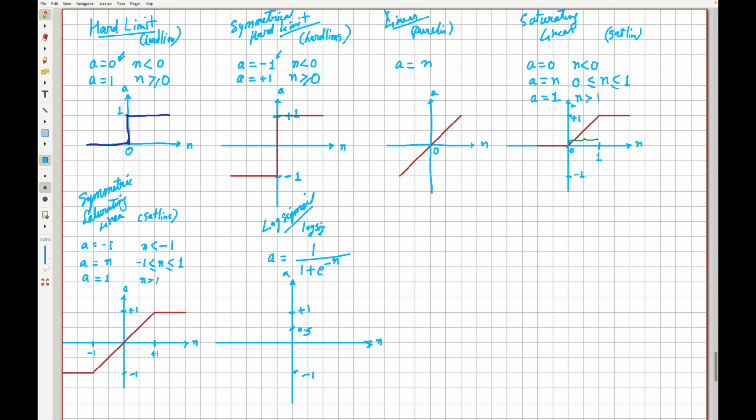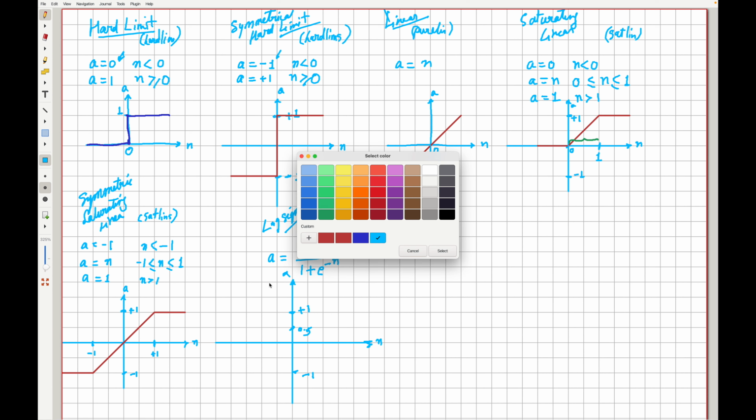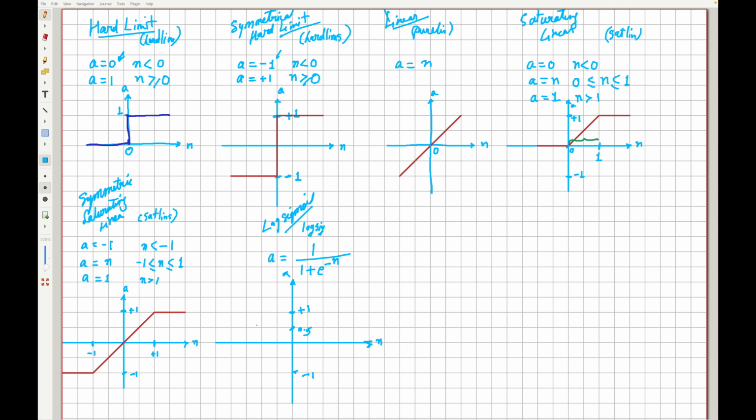If the values are below 0 for n, then they start approaching 0, but they do not touch the x-axis. So they do not drop to 0 for a, but they stay close to 0. And likewise, I'm not able to draw this, so let's just draw a very small curve here. This is like an S-shaped curve, like this.